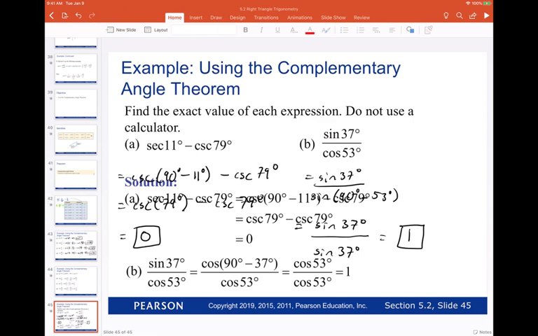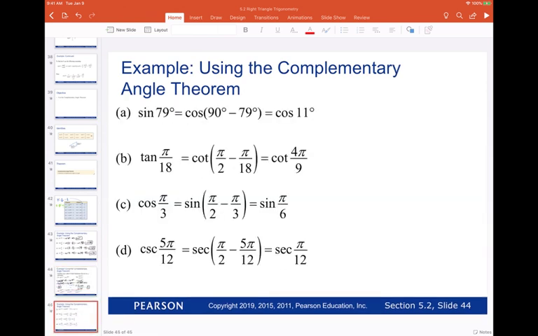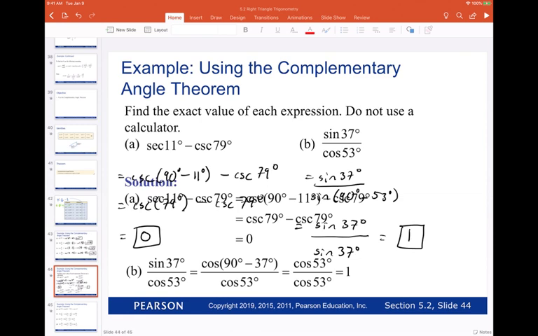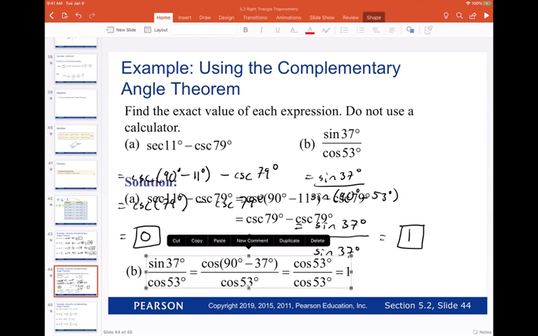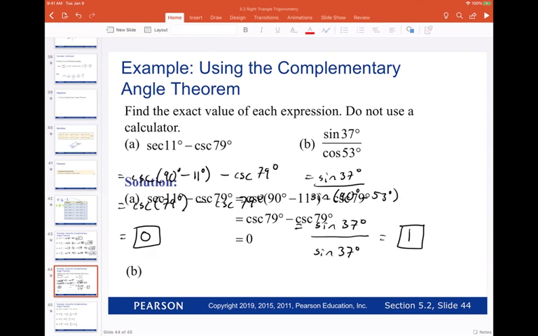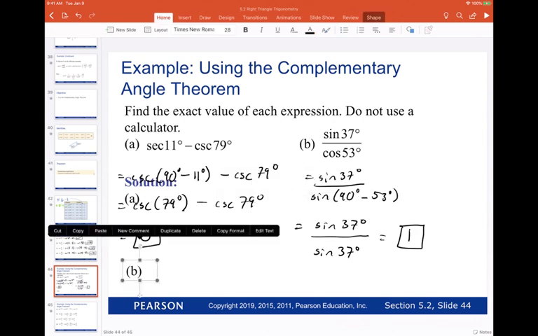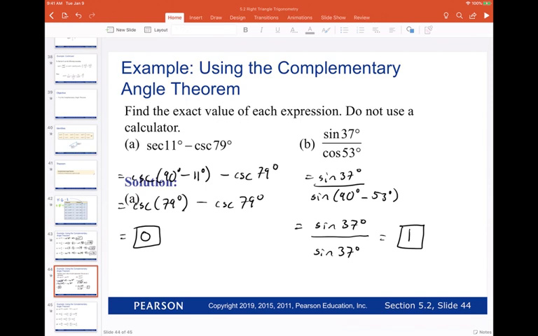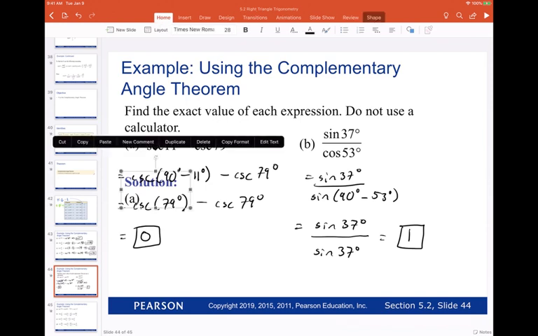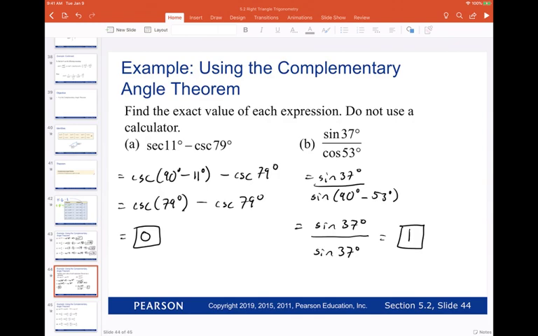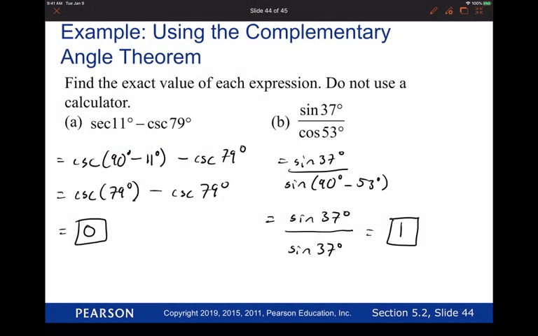Can I move these around and get rid of this? I don't need that. I don't need this. This looks better. Much better.